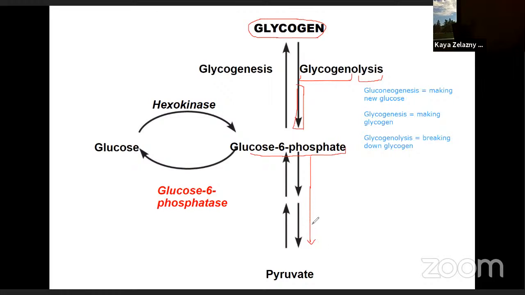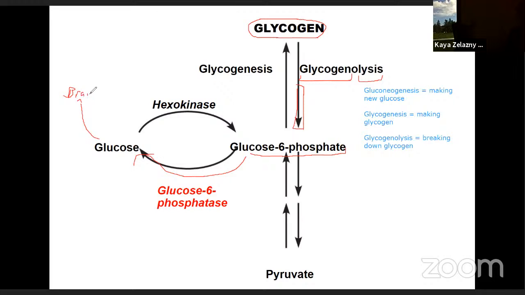But if we want to ship glucose out to the other cells in the body, if we are, for example, in the liver, if we're in a cell that can do that, we don't turn it into pyruvate. Instead, we go into this little loop on the side. We can take our glucose 6-phosphate and, with glucose 6-phosphatase, turn that into glucose, which we could then send somewhere else, primarily the brain, right?